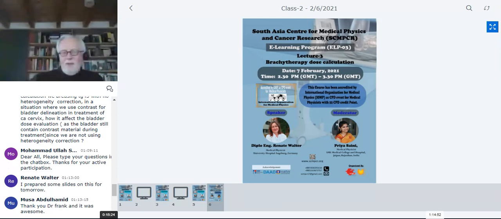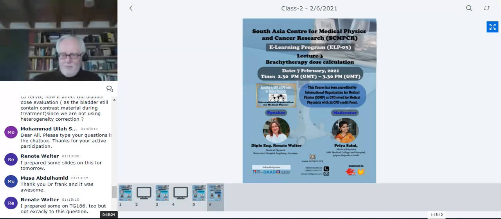One main reason that heterogeneity corrections are important in external beam therapy is that we are always irradiating from the outside of the patient to someplace inside, and then we are passing through the heterogeneities. So if we pass through the lung into the mediastinum, we have much less absorption in the lung than we would have if this was solid tissue. And that is something that we really need to take into account.